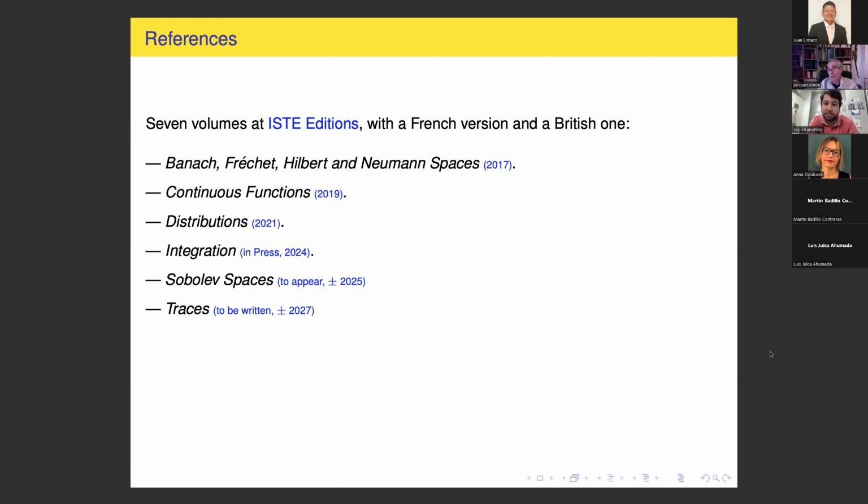The following book is on the traces, again in this space, and the final book is on PDEs, and it is almost written. But first, I need to write the book on Sobolev spaces and on traces.